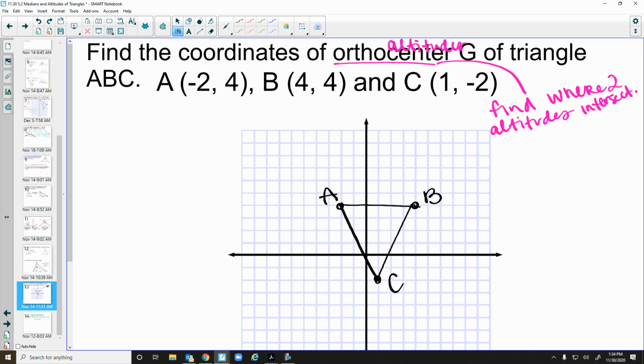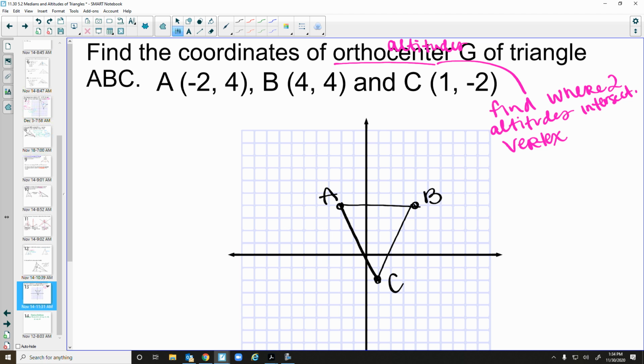So we're finding where our two altitudes intersect. What is important about an altitude? It uses the vertex. That's one part.